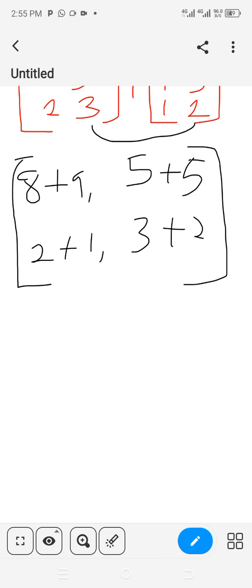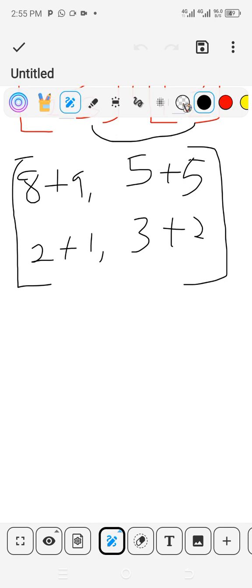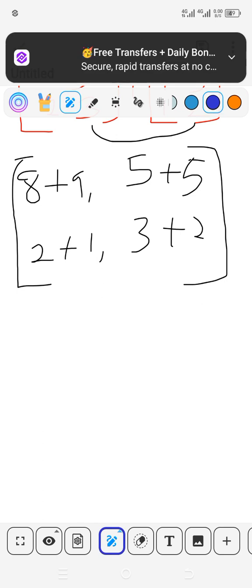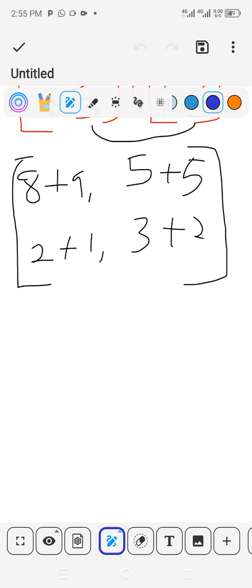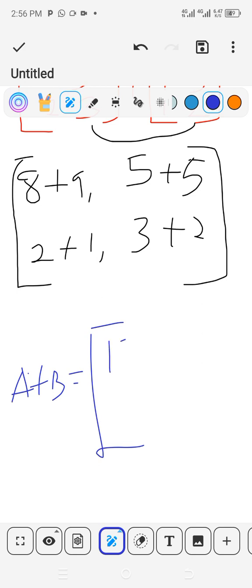The next and final step is just to perform the operations there. That is, you add them. A plus B will be equal to, we have 8 plus 9. If you add them, you get 17. You put your comma to separate it.